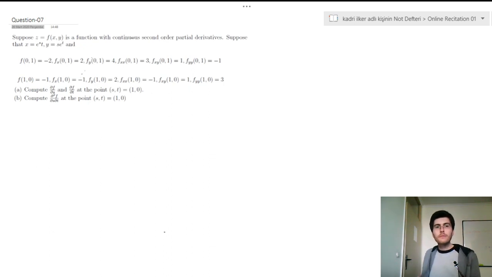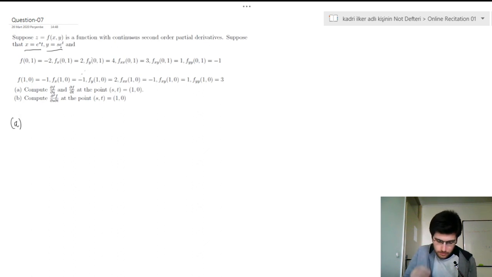Okay, fine. Now we are going to use the honest chain rule in higher dimensions. So let's see. Part A. Let's try to understand the problem. We have a function which is nice. I mean, it has continuous second order partial derivatives. And the thing is, x depends on two things, and y depends on two things.